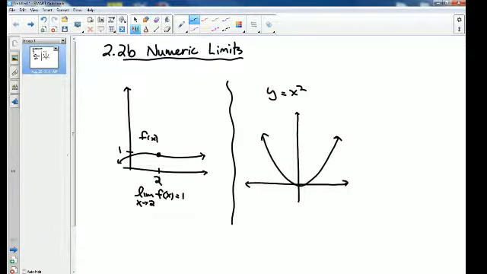So this is graphical. There are a couple ways to do numeric limits.